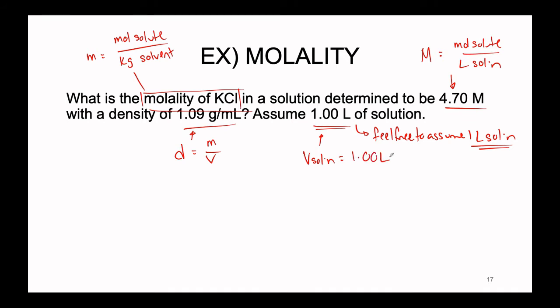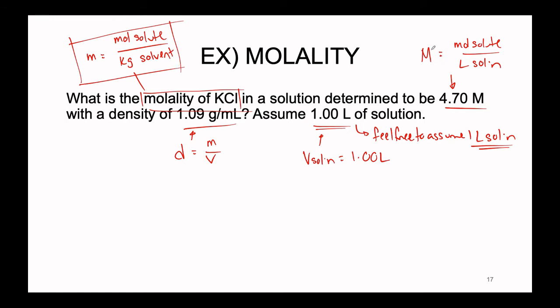I'm labeling this V of solution for the same reason we discussed on the previous slide. It's going to be really useful and necessary to determine when you are observing solution versus solute versus solvent in this type of problem. We are not given any moles of solute or kilograms of solvent explicitly, so we're going to have to find them using the rest of the information provided.